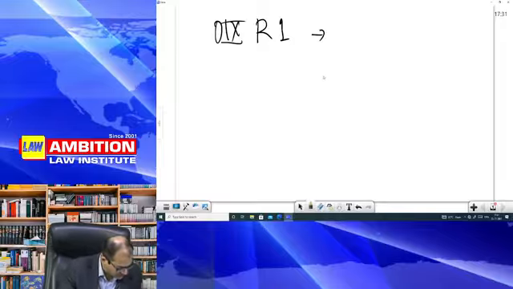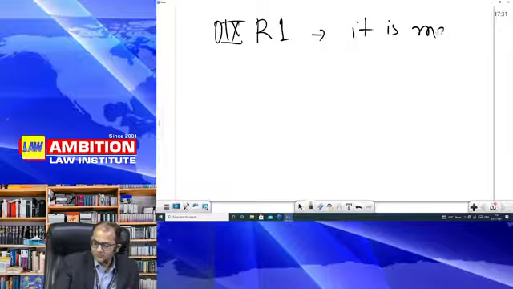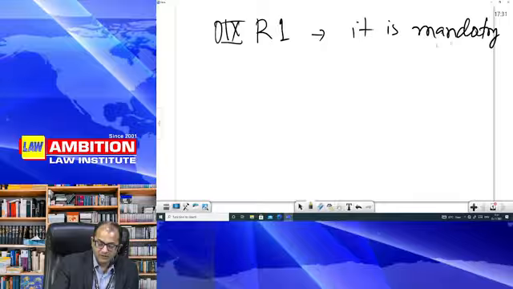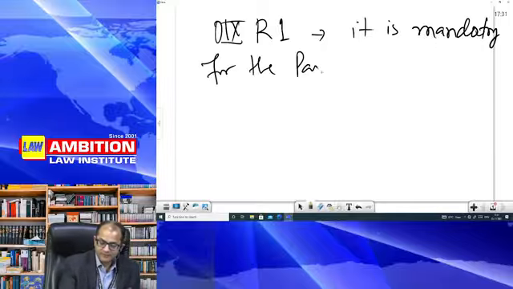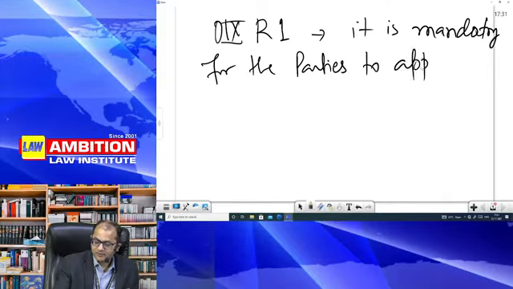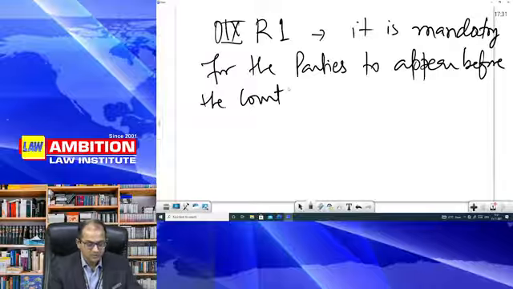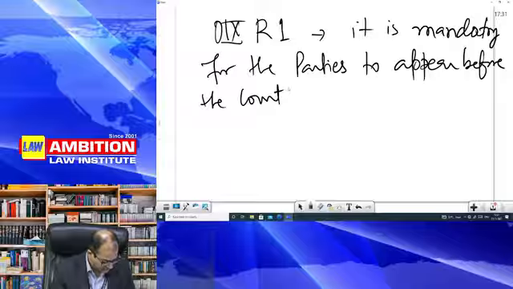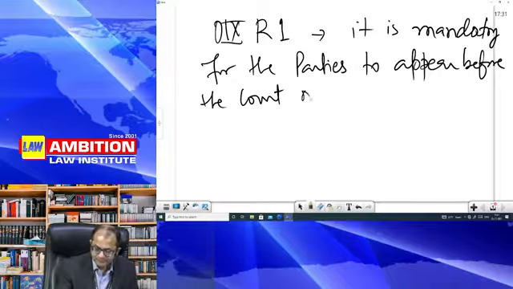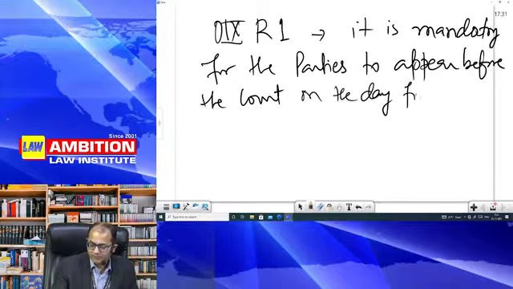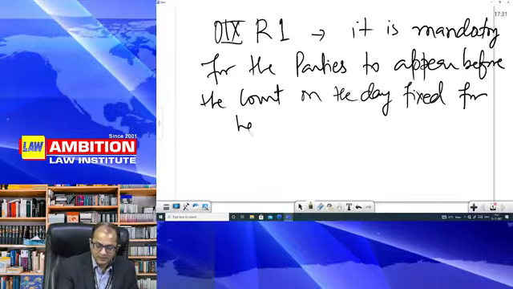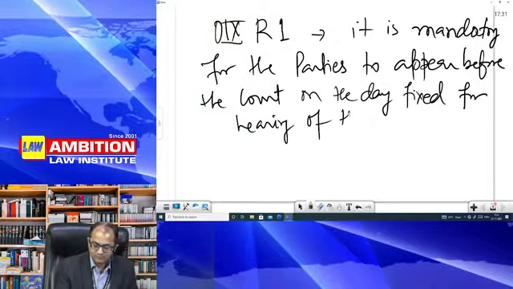It is mandatory for the parties to appear before the court on the day fixed for hearing of the suit.